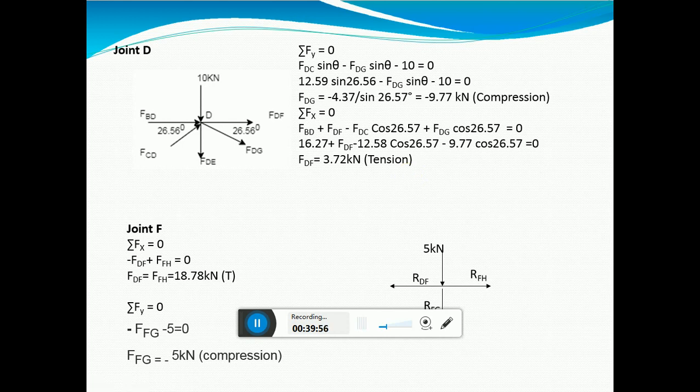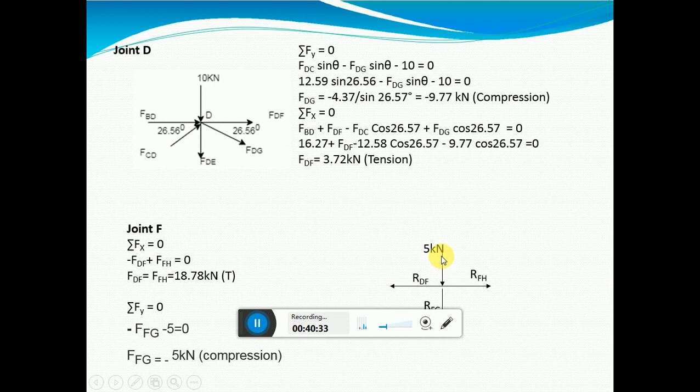Okay. After that move on to joint F. Summation Fx is equal to 0: RFH minus RDF is equal to 0. So you have found out what DF is. These both are equal here.